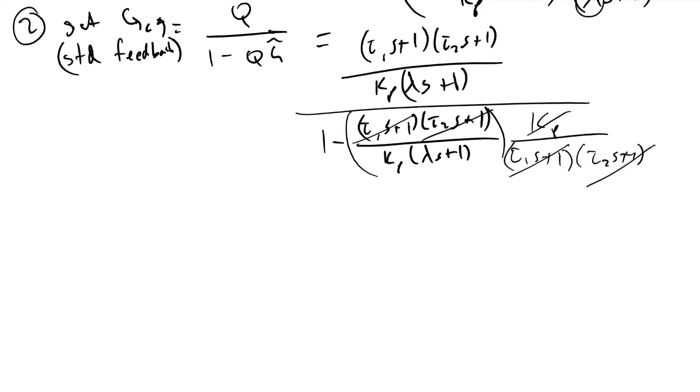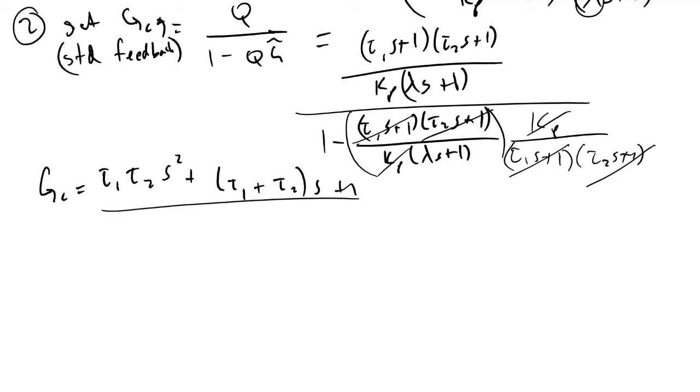All these terms will cancel nicely, and after some additional algebraic simplifications and rearrangements, we find that our standard feedback controller GC is equivalent to tau 1 tau 2 s squared plus tau 1 plus tau 2 times s plus 1, quantity divided by Kp, the process gain, times lambda s.